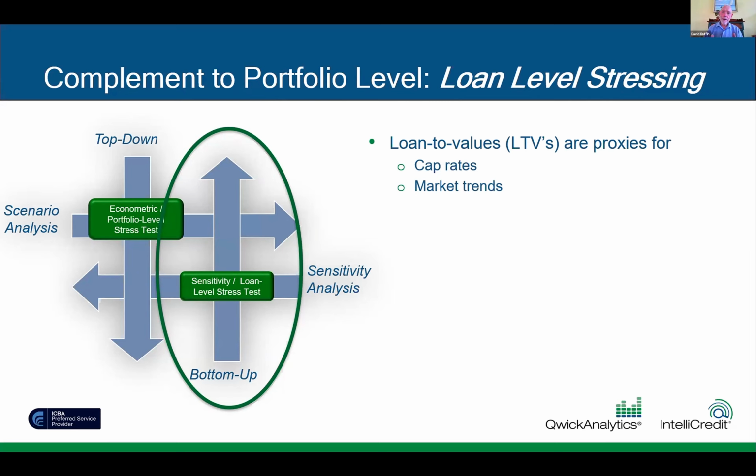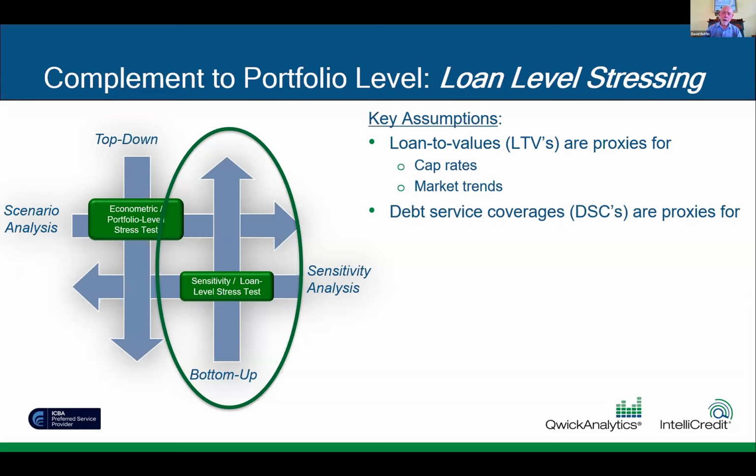Well, we do accept the fact that we're using loan-to-value as a proxy. Remember, cap rates are really an input or a variant of a valuation, right? It has very little, if anything, to do with cash flow. It's just a valuation issue. And so we use LTV as a proxy to cover that.